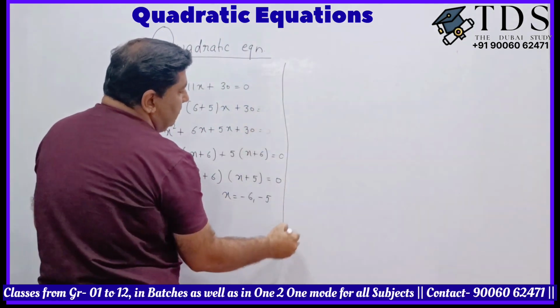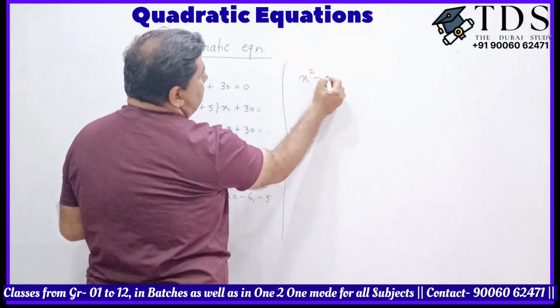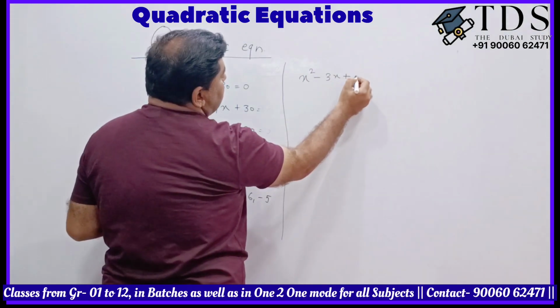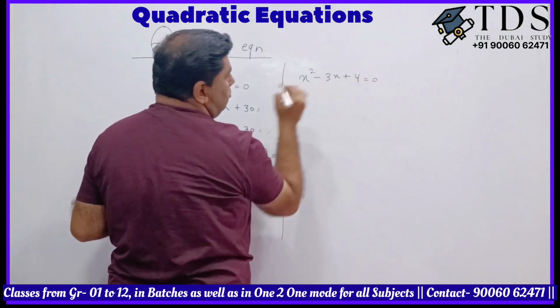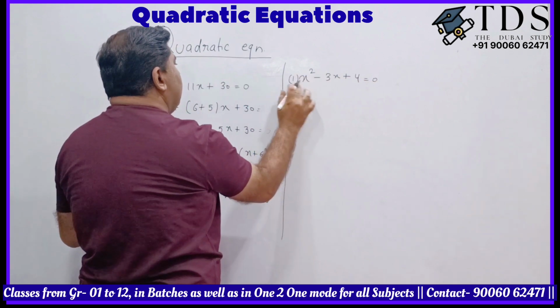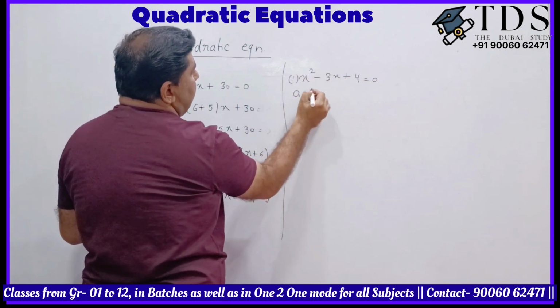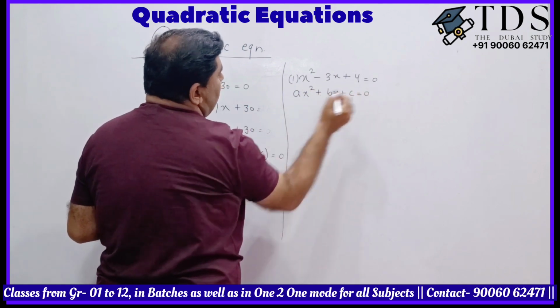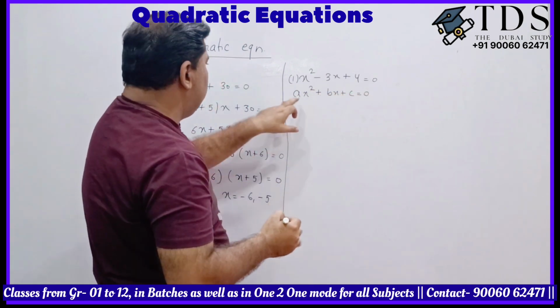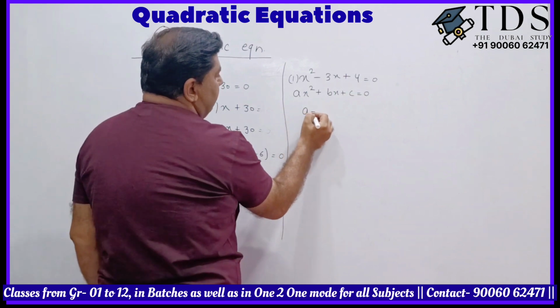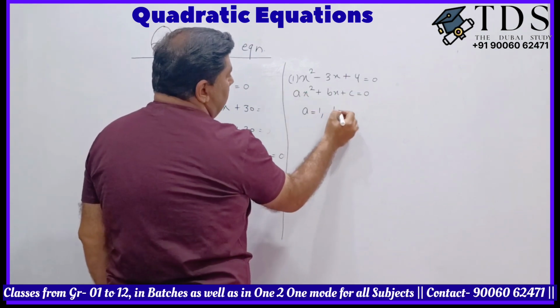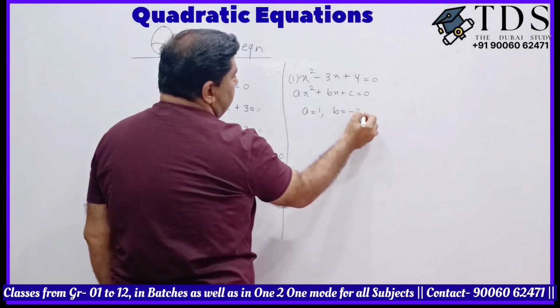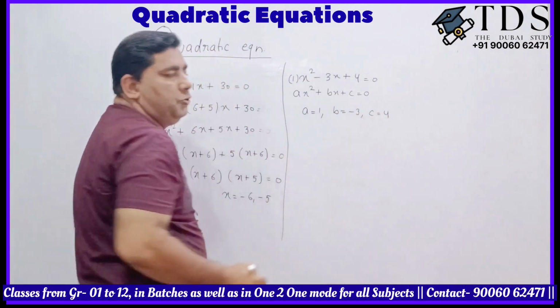Suppose we have the quadratic equation x square minus 3x plus 4 equals to 0. We can take 1 here. Now comparing with the general equation ax square plus bx plus c equals to 0, we can say a is 1, b is minus 3 and c is 4.